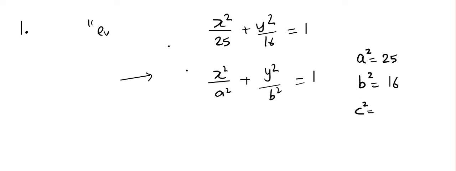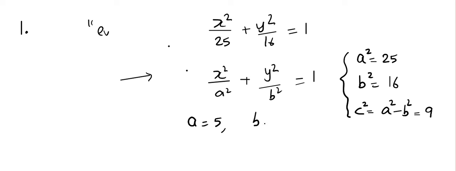You can follow the method c square equal to a square minus b square, and that will give you 25 minus 16, and that is 9. So we get the values a is equal to 5, b is equal to 4, c equal to 3. Remember, this a, b, c everything stands for length, so always write the positive values.